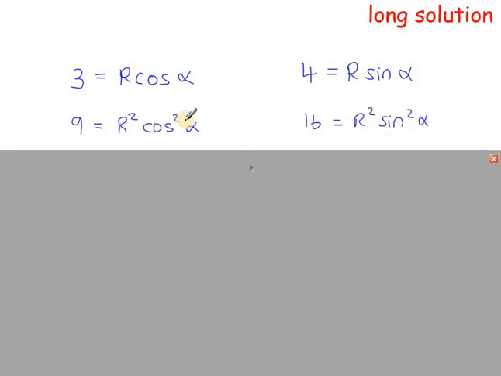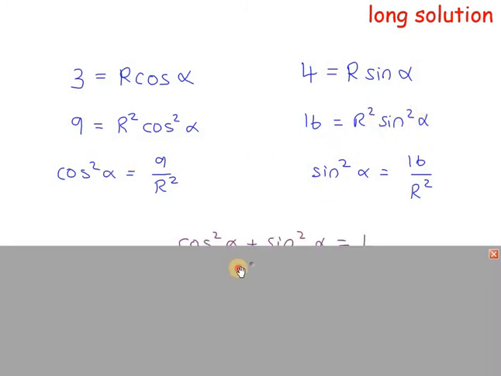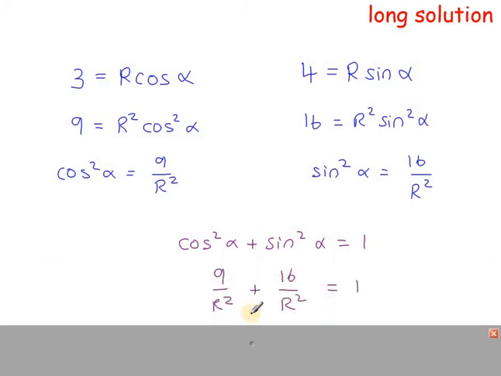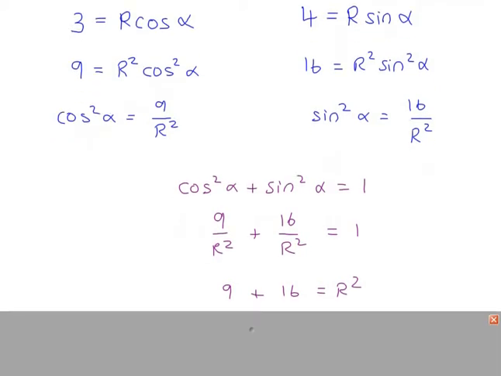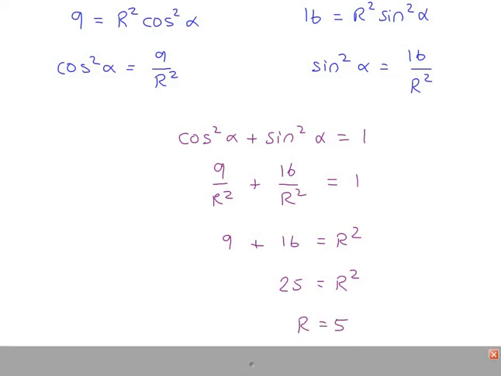So if I square both equations and then rearrange each one to make cos squared alpha the subject and sine squared alpha the subject, and then we know a simple identity, cos squared plus sine squared is equal to 1, and if I substitute in for cos squared alpha 9 over r squared, and similarly 16 over r squared for the sine squared alpha, and then multiply by r squared throughout, and then simplify, and then when we square root I'll take the positive square root because r represents the stretch in the y direction and I'm looking for a positive stretch in the y direction, then r is equal to 5.